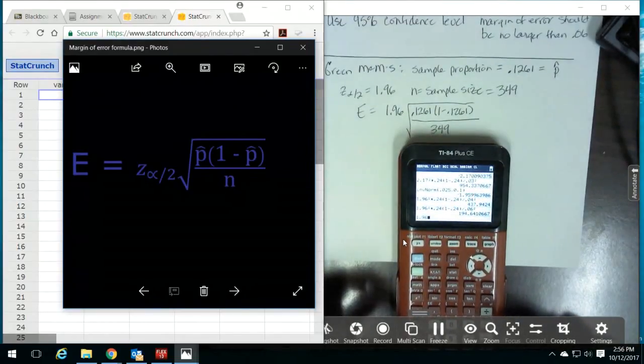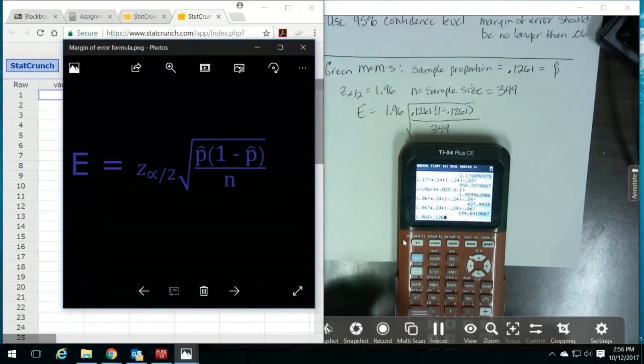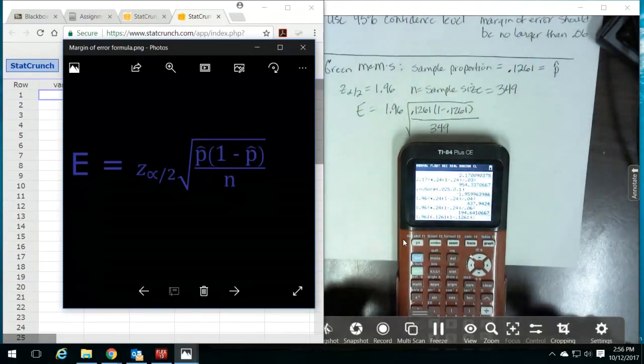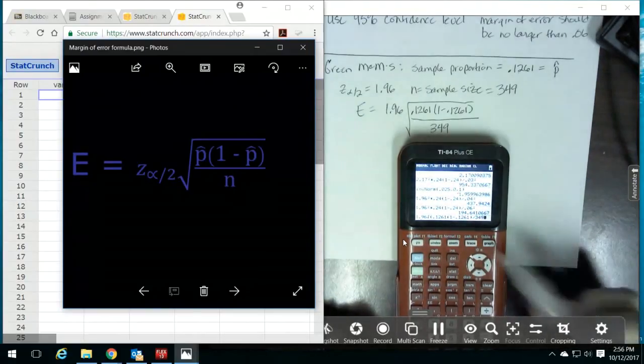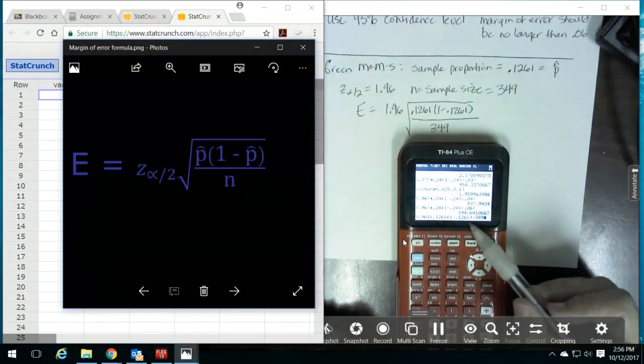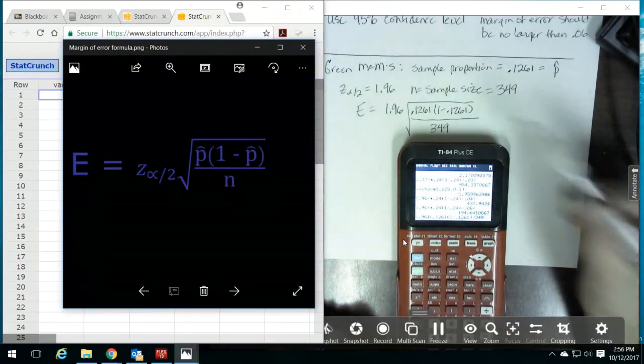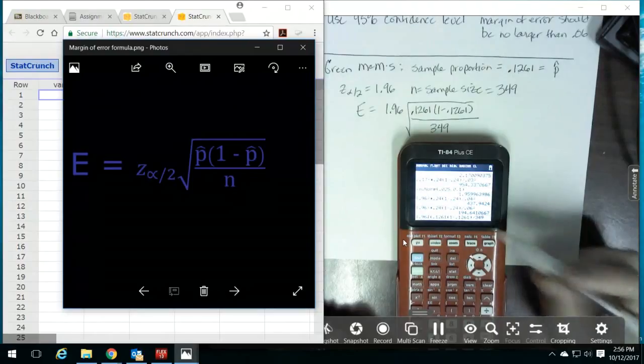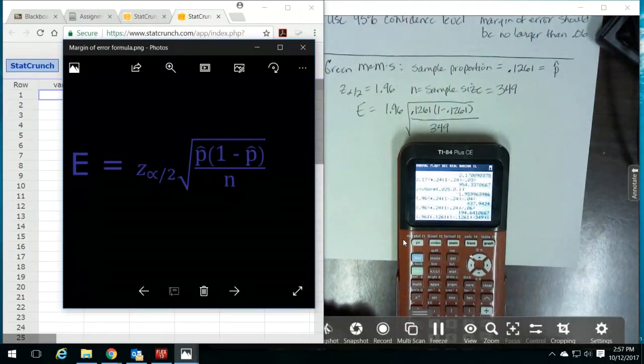That way I don't have to worry about how much to round. So I've got the 1.96 and then the square root. The only thing about this is that you have to be careful how many parentheses you put in there. So notice I did put parentheses around the 1 minus 0.1261, just like it was in my formula. And then I need another parentheses at the end.